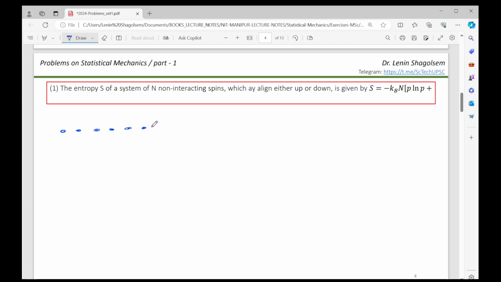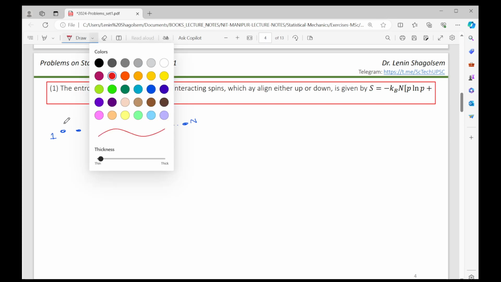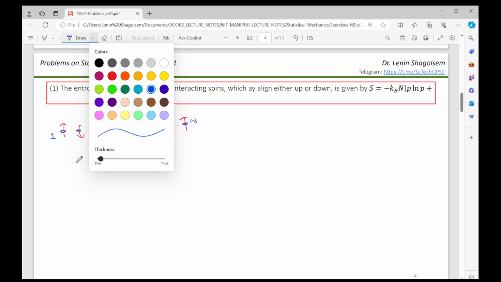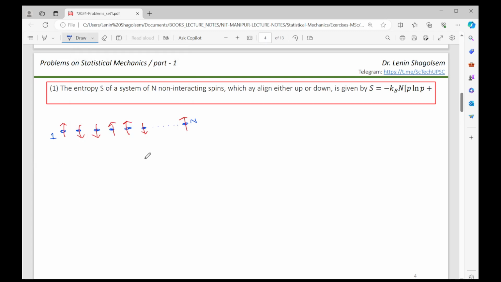These are n number of spins, 1, 2, 3 and so on up to n. Each of these spins can point upward or downward, like this, for example, some random state. Now the question we had in the last lecture was, what is the entropy density of the system?